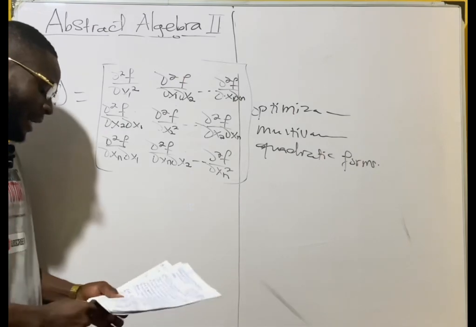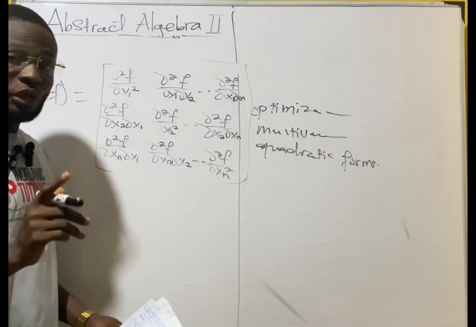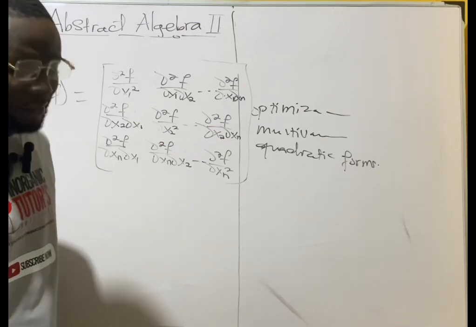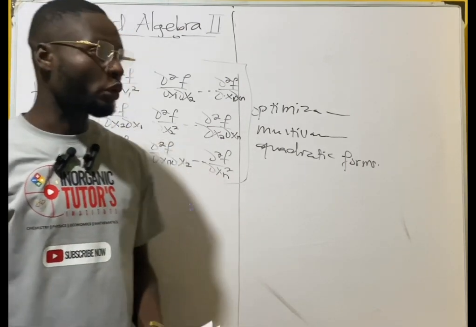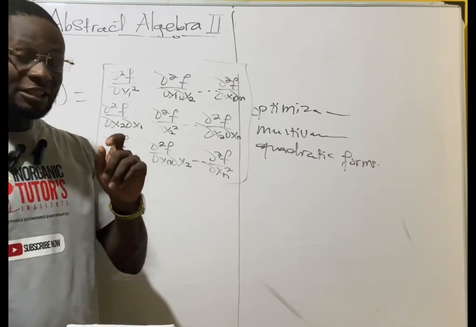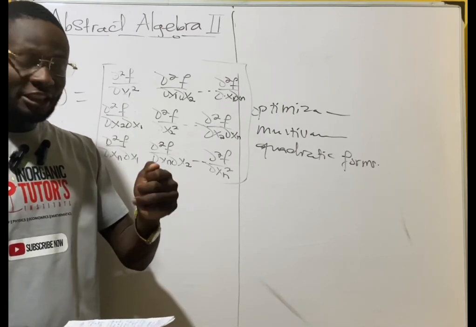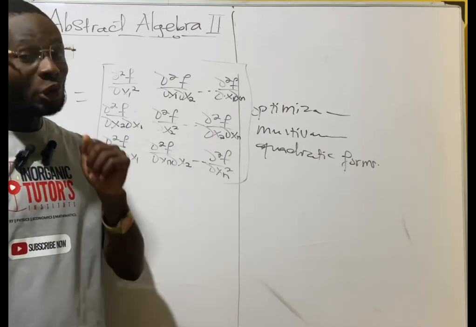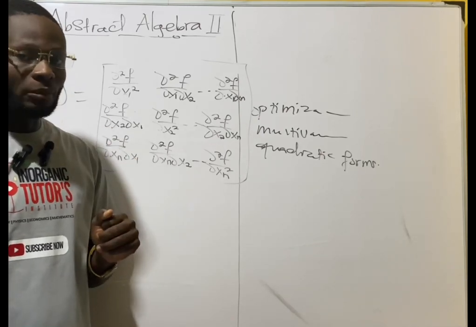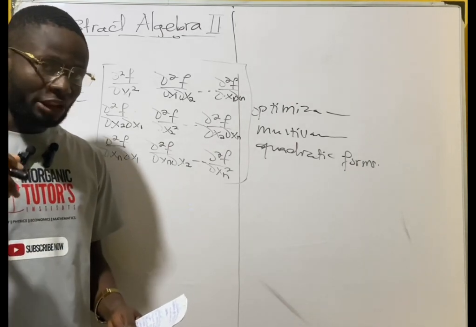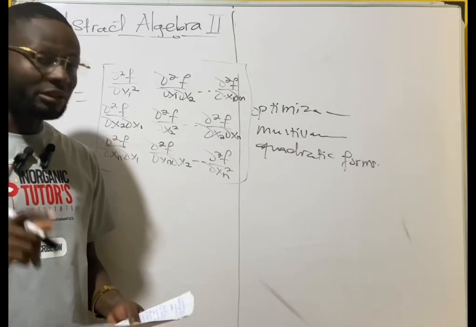And note, the Hessian matrix is always symmetric if f is twice differentiable. That is, the mixed partials are equal.